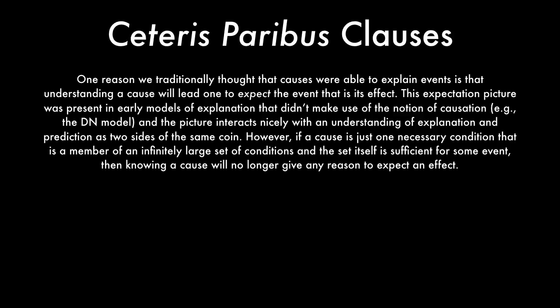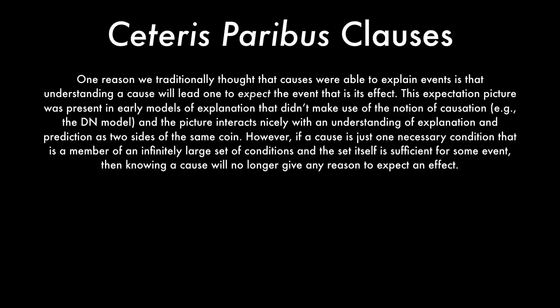One reason we traditionally thought that causes were able to explain events is that understanding a cause will lead one to expect the event that is its effect. This expectation picture of explanation was present in early models of explanation that didn't even make use of the notion of causation. For example, the deductive nomological model.